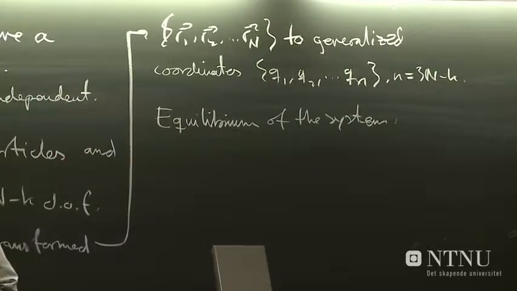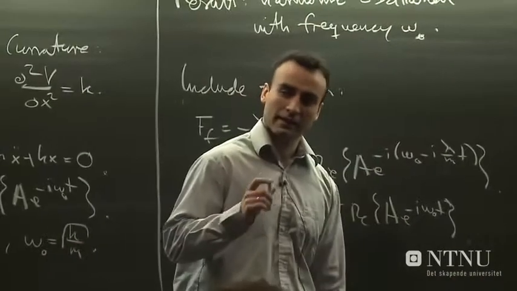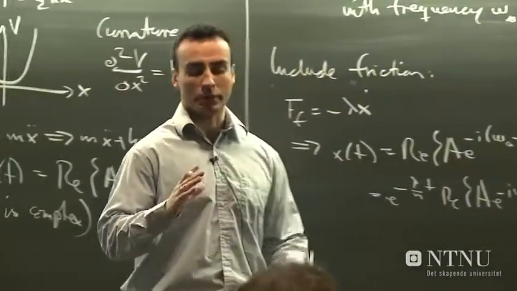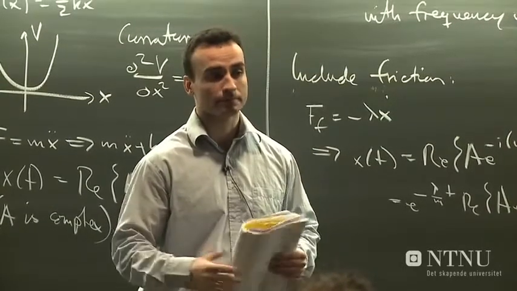Okay, so let's now try to say something about the equilibrium state of the system. If someone came up to you and said, okay, so you're a physicist, how would you describe or put into words the condition for a system to be in equilibrium?